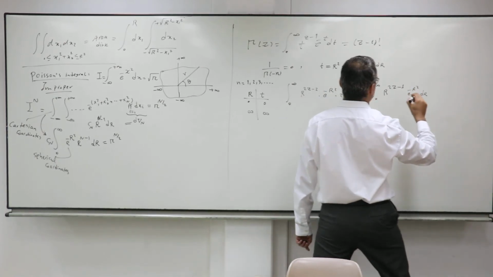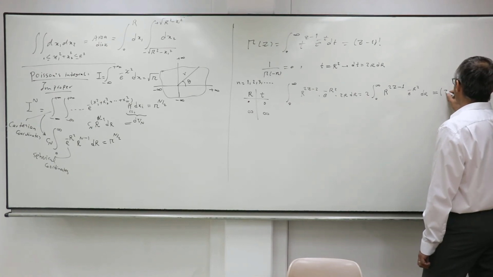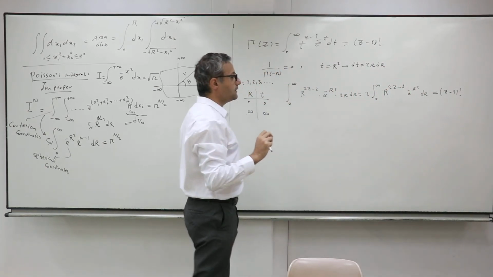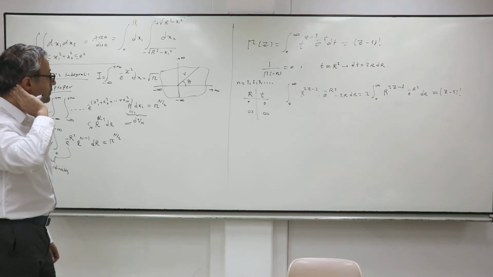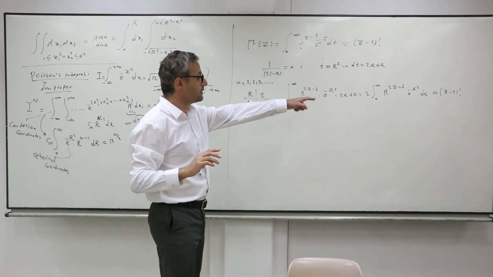And what is that? This is (z-1) factorial. I just changed the coordinate on both sides of the integral, so I get that.